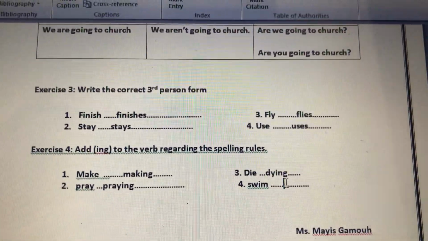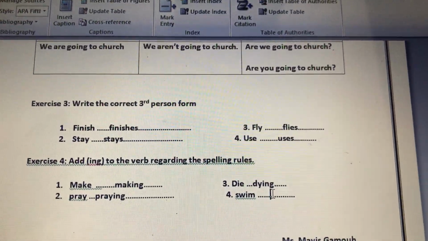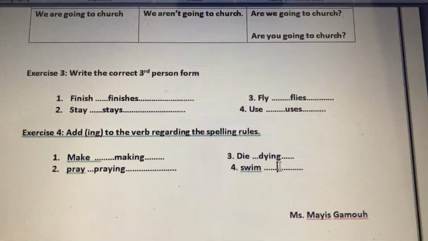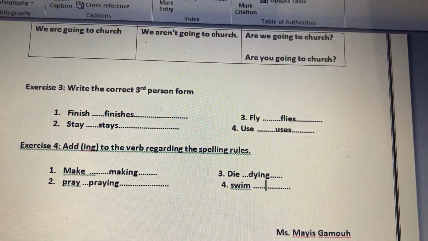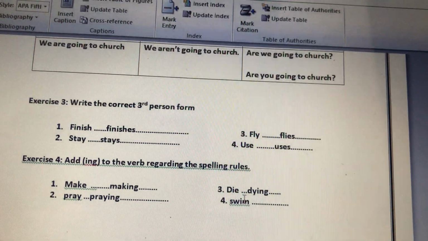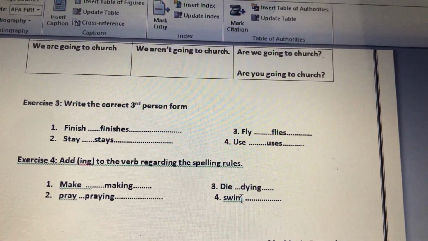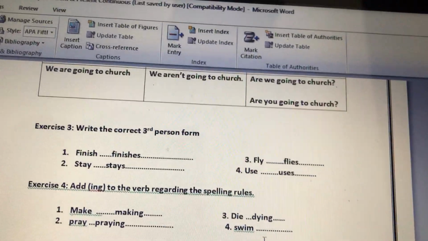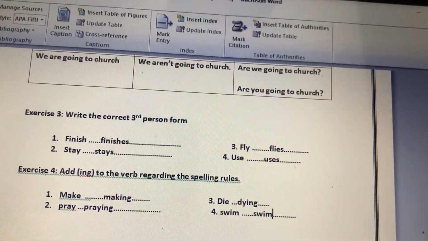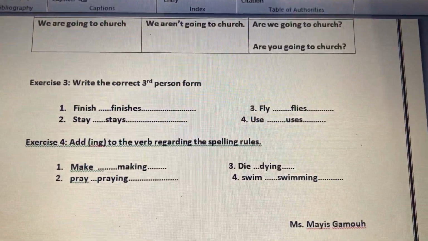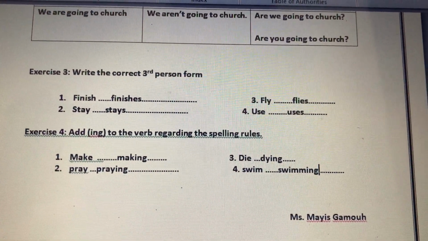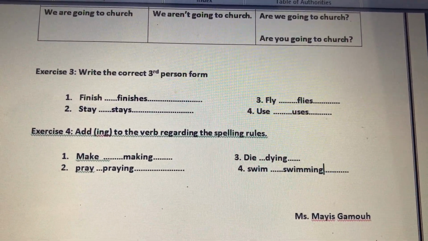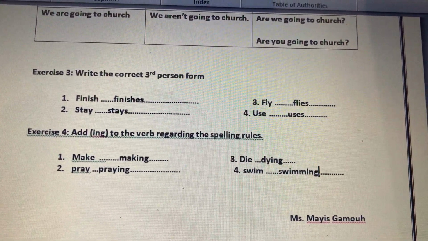We have a consonant at last, and the letter before this consonant is a vowel. So we will double the last letter and then add ing. So it will become swimming. So making, praying, dying, swimming.